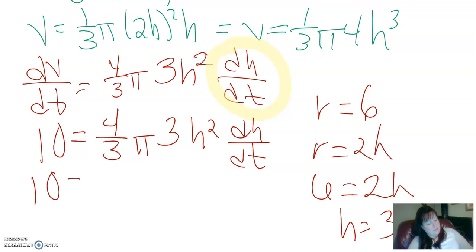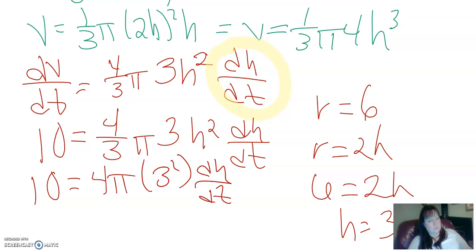We can say 10 equals, and I'm going to multiply this 4/3 by the 3 so that I have fewer numbers. So that would be 4 pi, and then h squared, which is 3 squared, times dh/dt.